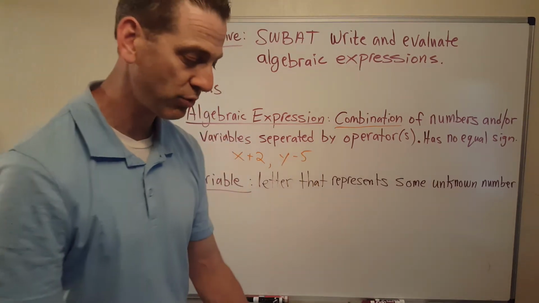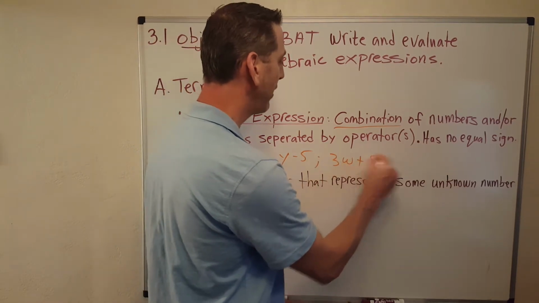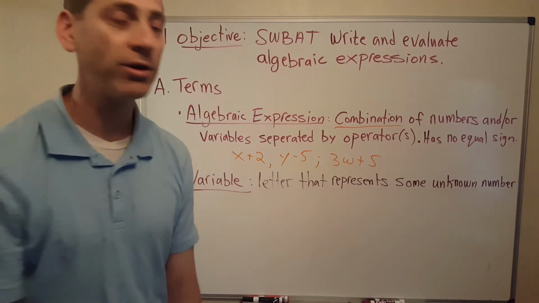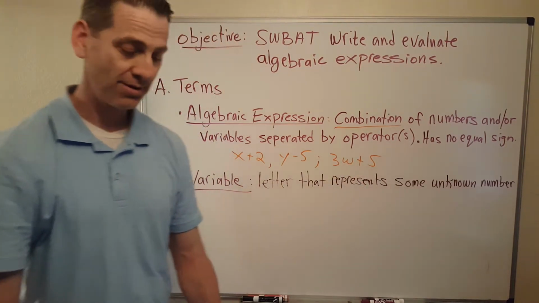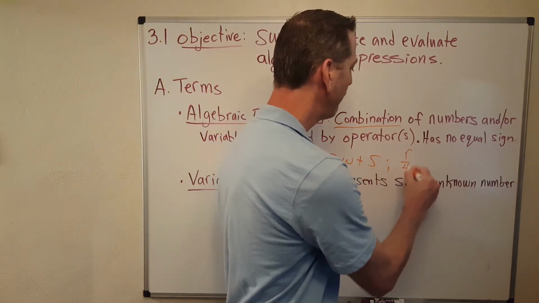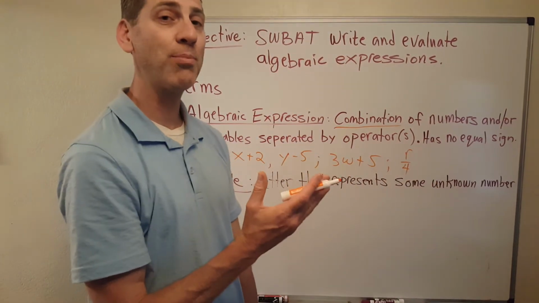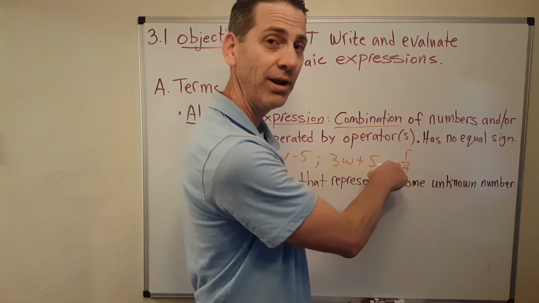That's an algebraic expression. You could have 3w plus 5. Actually, I have two operators there: addition and multiplication. How about this? r over 4. What's the operator there? It's the division sign.